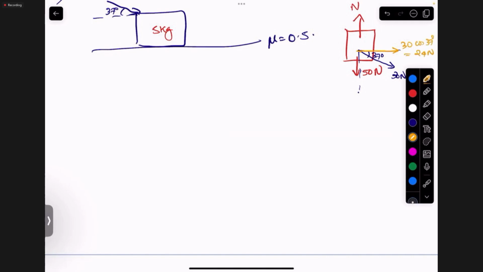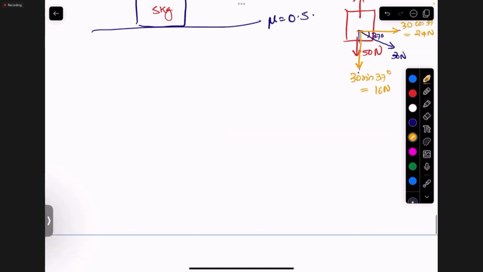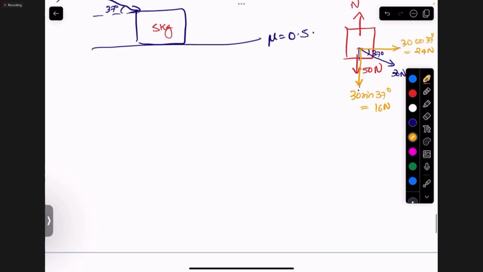And you will have a vertical component, which is 30 sin 37 degrees, which is equal to 18 Newton. Now you have to write N equal to 50 plus 18 Newton. Now normal reaction has increased.